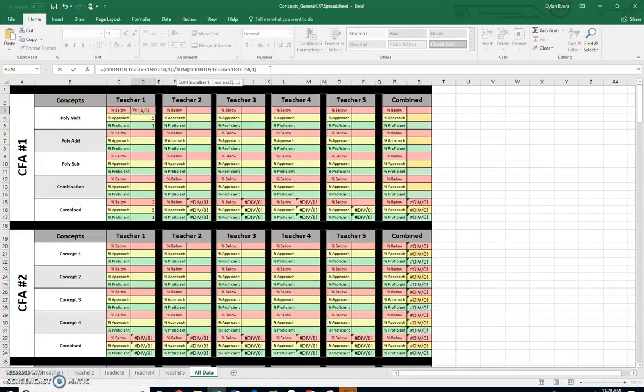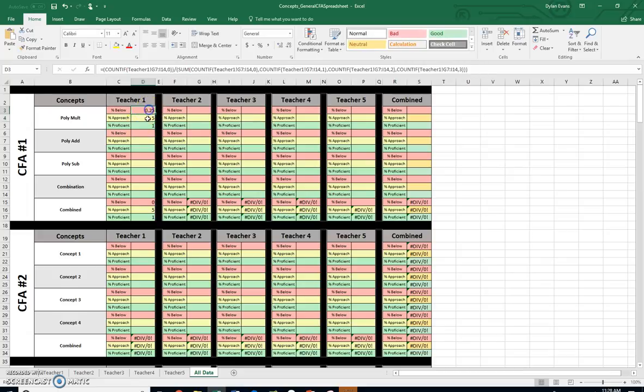So in the denominator I put the number of students who got 0 correct, then 1 correct, comma, the number of students who got 2 correct, and lastly the number of students who got 3 correct. This is the denominator of my fraction, so I close all of my parentheses.